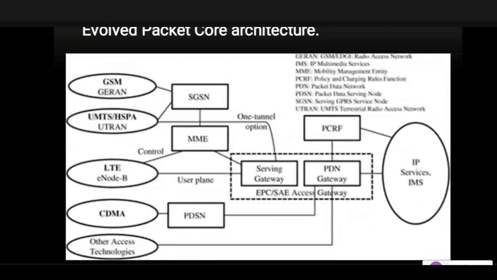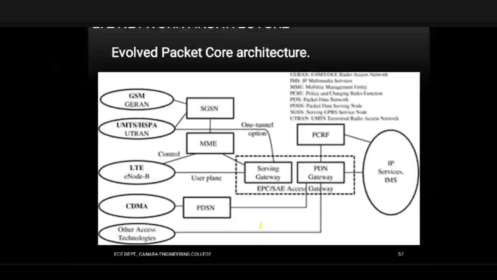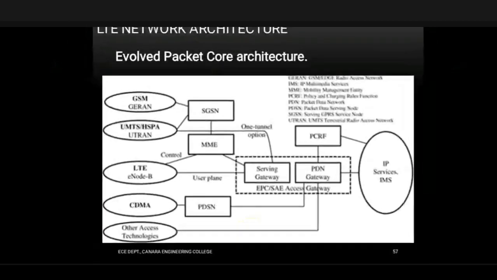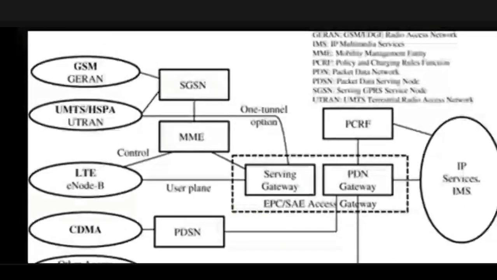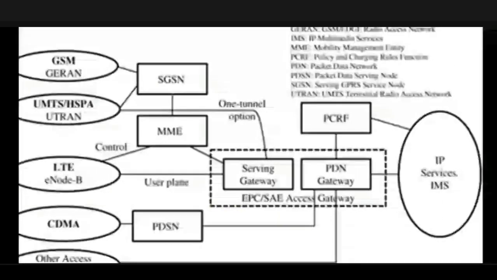So a mobile network like Airtel has all these things involved. Jio doesn't have all the other things. Just the LTE eNode B is there with the Jio network. For Airtel or Vodafone or BSNL, I think if they introduce 4G, they have to go with this kind of architecture. So backward compatibility with the existing users of 2G and 3G, and then you provide connectivity to the internet and all other access technologies.